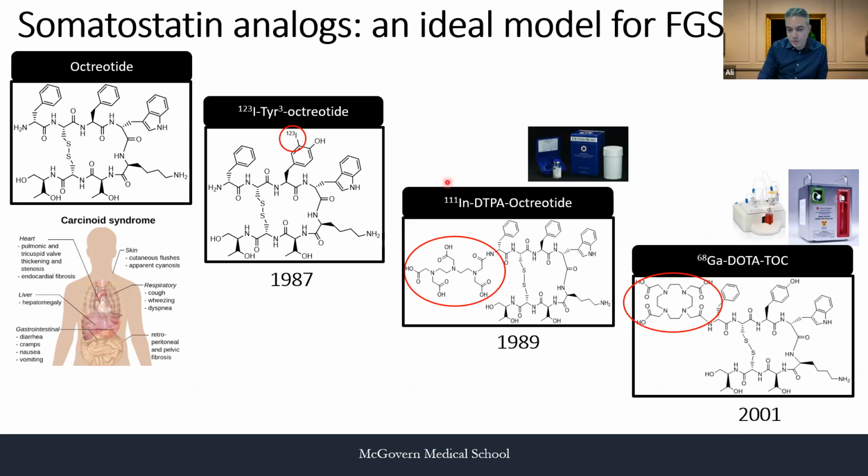Indium-111 is a single photon emitter, which means it can be used for gamma imaging, whereas gallium-68 is a positron emitter, and this enabled PET imaging. And when it was coupled with the fact that it's generator produced, meaning you don't need a cyclotron facility, with very nice, small footprint automated systems, this became the de facto gold standard in the field for an extensive period of time, until its approval about 10, 15 years later.